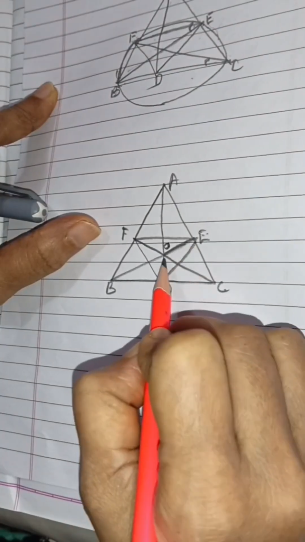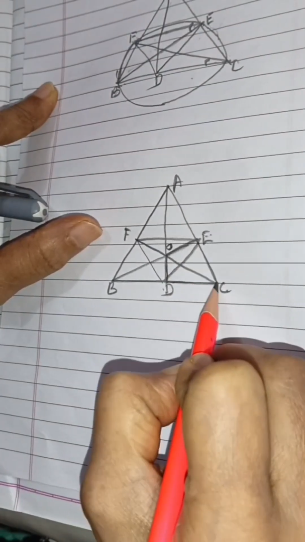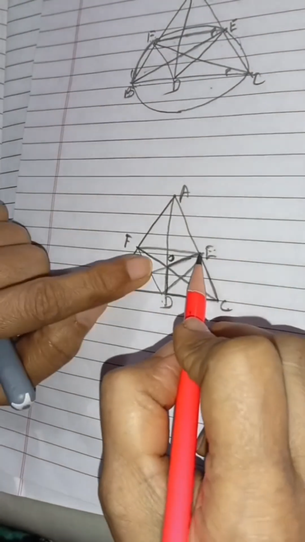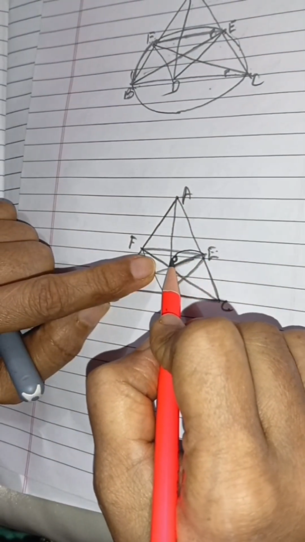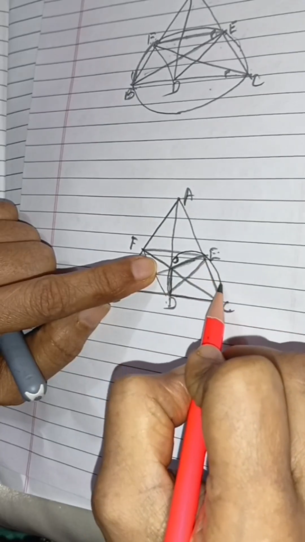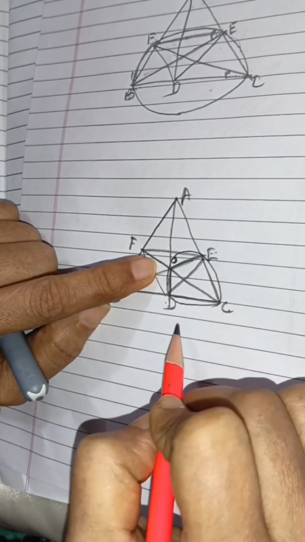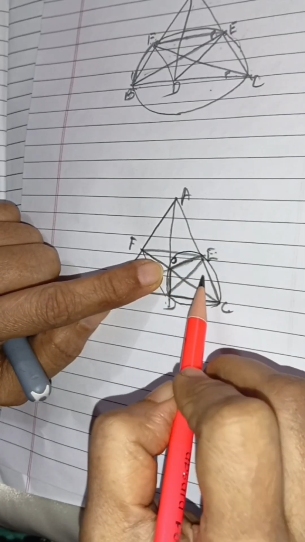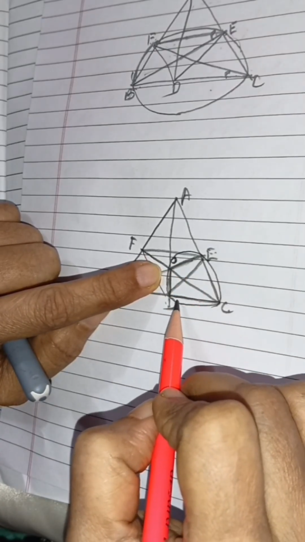OECD is cyclic. Cyclic means all the vertices should be on the circumference of a circle. So if you draw a circle like this, which angles are congruent?